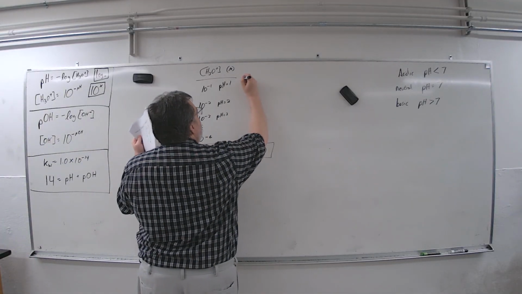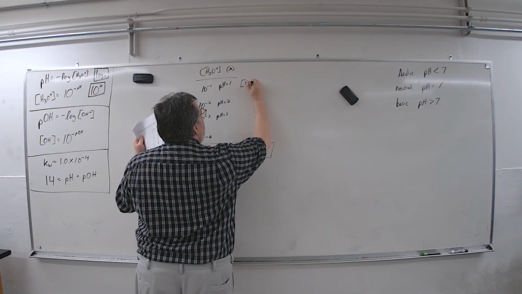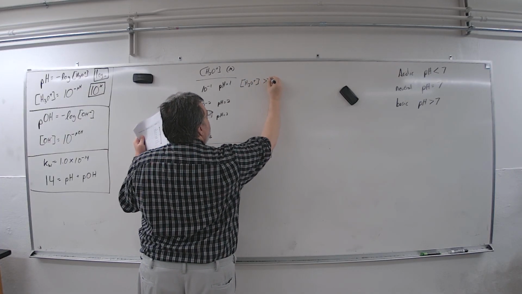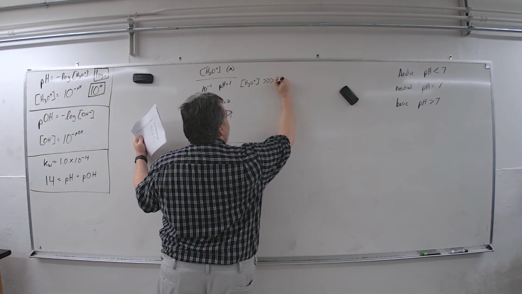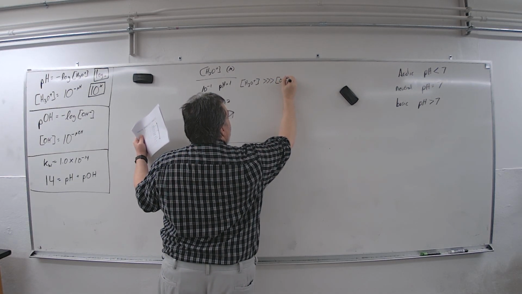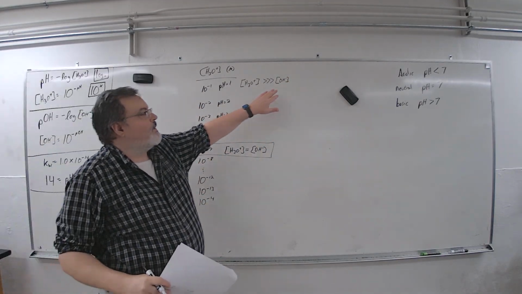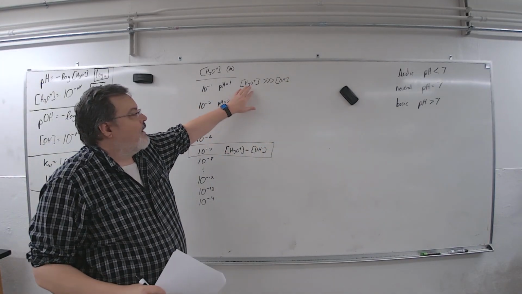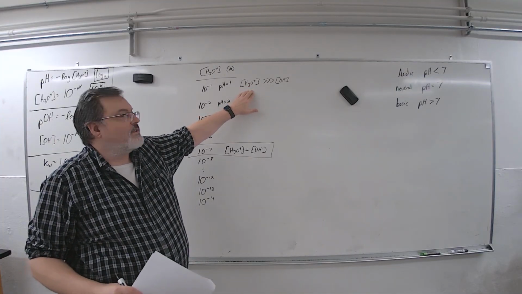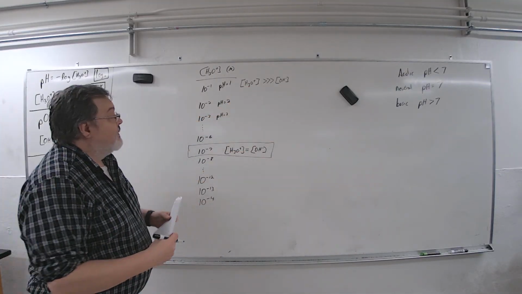Up here, the concentration of H3O plus is much greater than the OH minus. That's really what we mean by acidic. There might still be a little bit of OH in there, but there's way more H3O plus than there's OH minus.